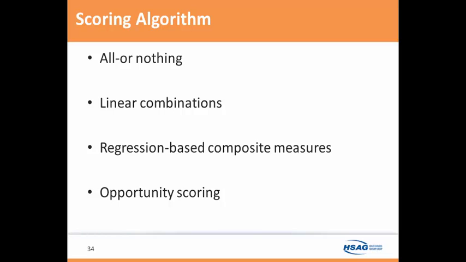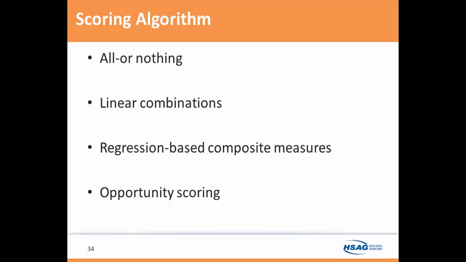Regression-based composite performance measures are a high-level type of scoring algorithm. For example, if a certain outcome is regarded as a gold standard, the weighting of individual items may be determined by empirically optimizing the predictability of the gold standard endpoint using regression-based analyses.